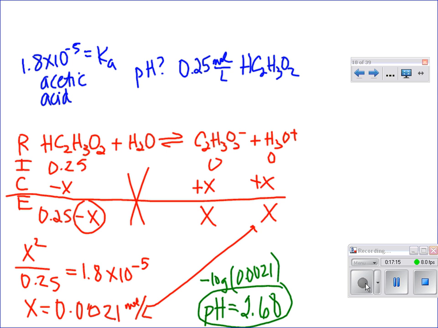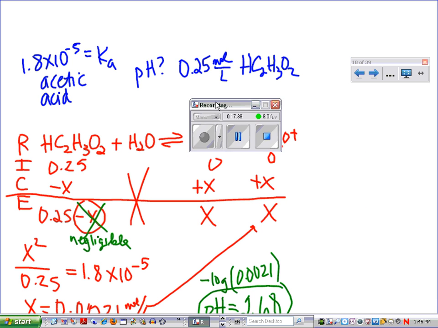Now, one thing I failed to mention in the last problem, and we'll go back to it. If you decide to trump this, you have to say it's negligible. And the way you actually mathematically prove it's negligible is to calculate something we call percent dissociation.